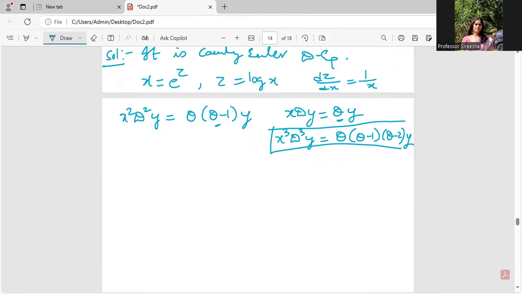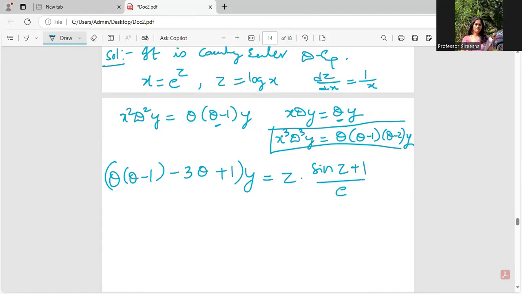What I'll be getting is theta into theta minus 1 minus 3 into theta plus 1 into y. This is equal to, log x is z. Such a complicated term we have, but then it gets simplified. Sin log x is sin z, plus 1 by x is e power z.